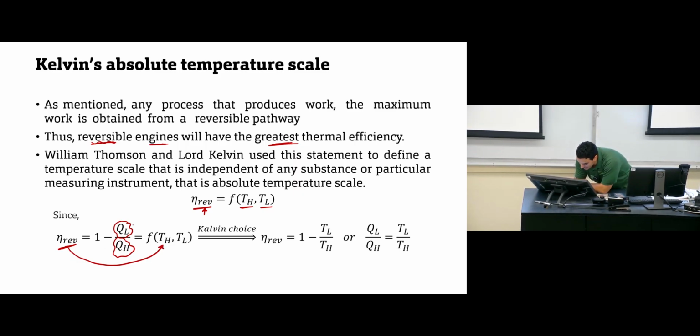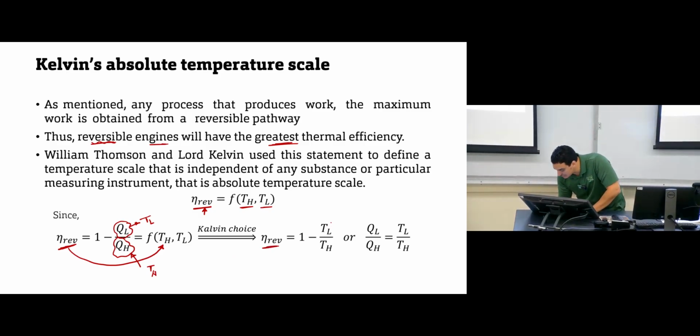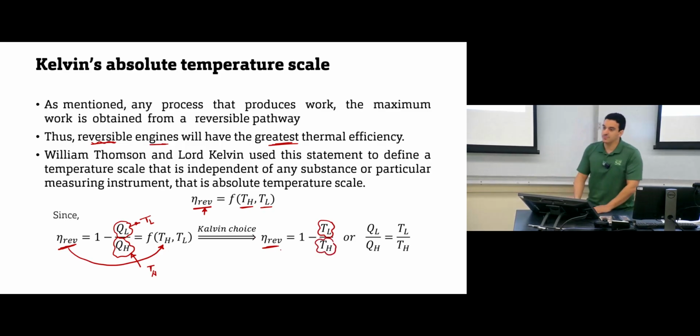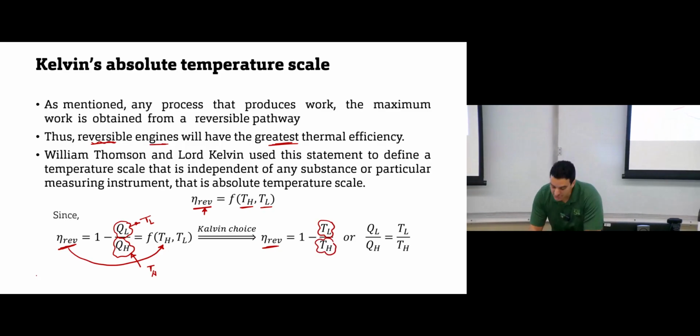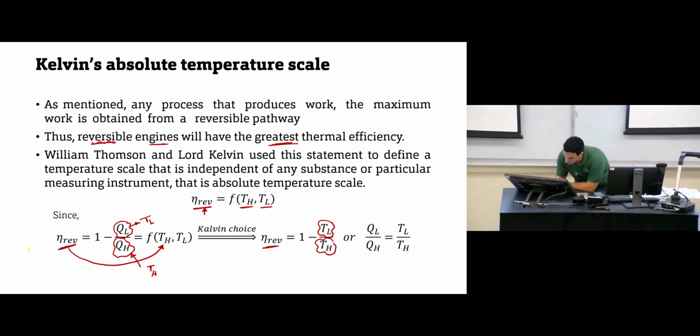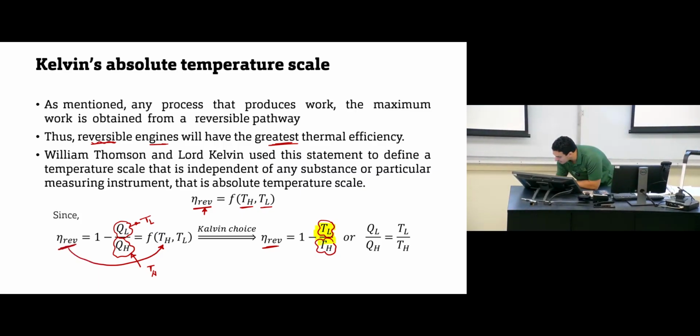Then they said we will replace QL with TL and QH with TH, and then thermal efficiency can be expressed as 1 minus TL, the temperature of the low temperature reservoir, divided by TH, the temperature of the high temperature reservoir. So this is another way to calculate the thermal efficiency.